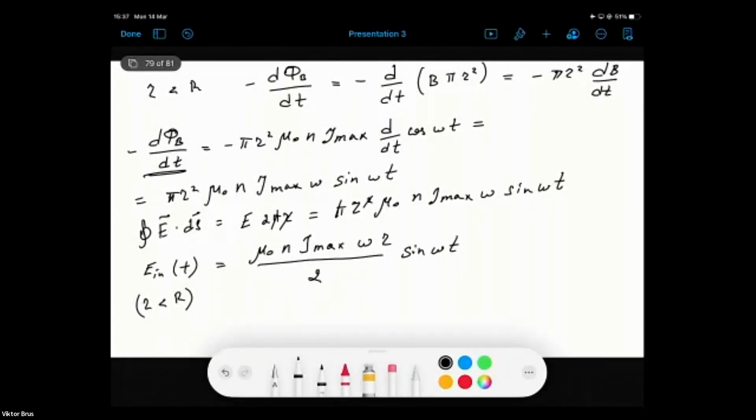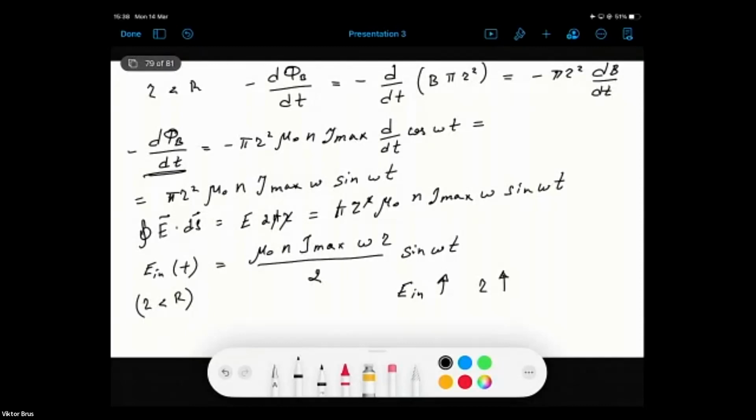So here we see, if we take a look at the induced electric field as a function of distance from the axis of the solenoid, inside the solenoid it is linearly proportional to the radius. So the induced electric field will increase as the distance from the axis of the solenoid increases.